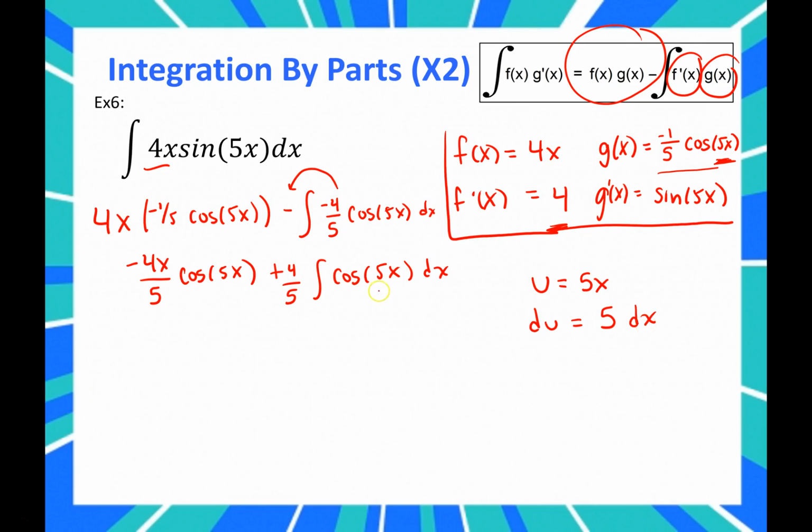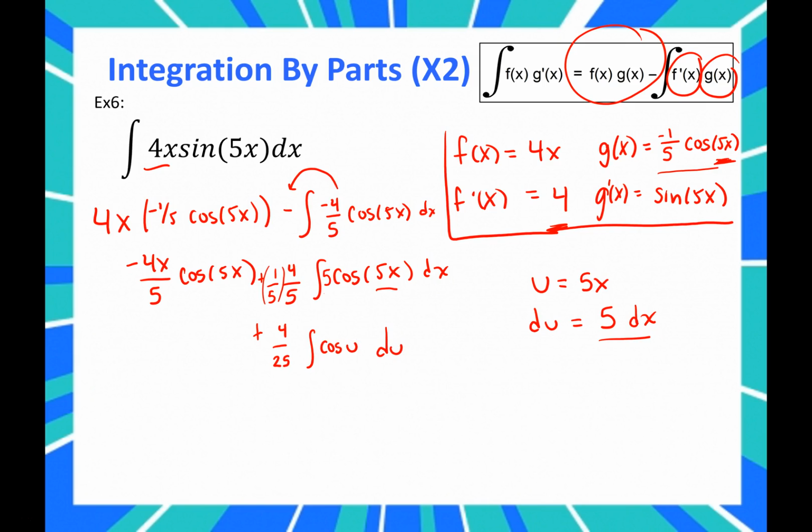And notice how I have a perfect match with the 5x, but I don't have a 5. So I would need to make sure I put in a 5 right here, which would mean that I would have to multiply by 1/5 out here. Okay. Now I actually have 4 over 25 out here, and then my 5 dx becomes a du, and this just becomes cosine of u.